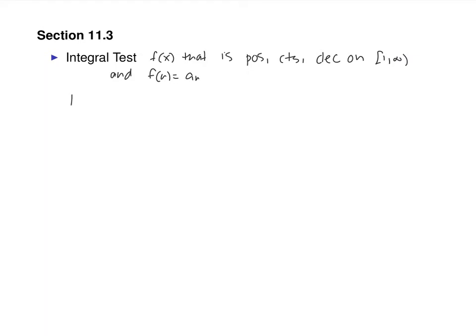If you have a function that meets these conditions, then the sum of a_n from n equals 1 to infinity and the integral from 1 to infinity of f of x dx do the same thing. As in, if the integral converges, the series converges, and if the integral diverges, the series diverges.